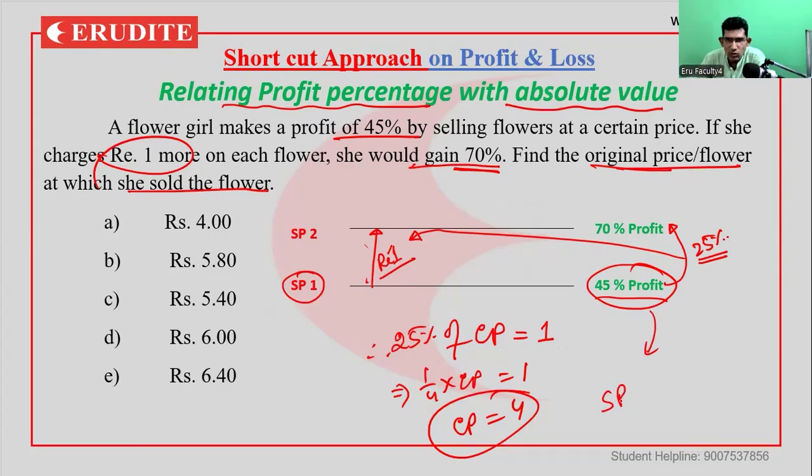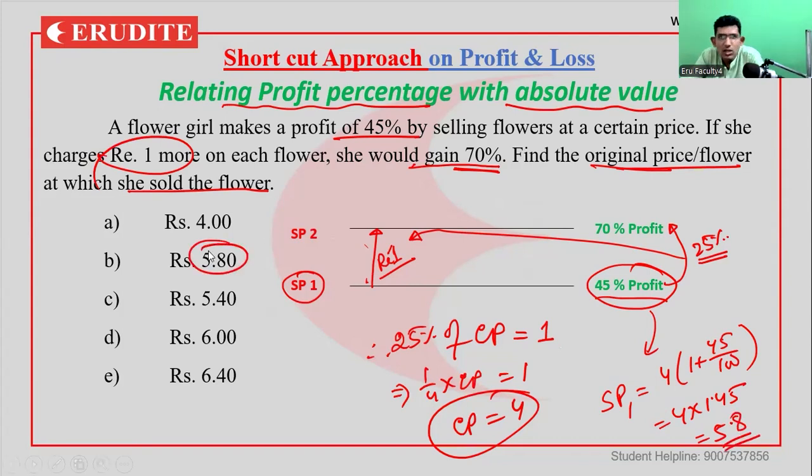So cost price is 4, and the original selling price will be 4 into (1 + 45/100), or 4 into 1.45, which is 5.8. So this is my simple answer. Here we have equated profit percentage with an absolute number. That's the idea of this question.